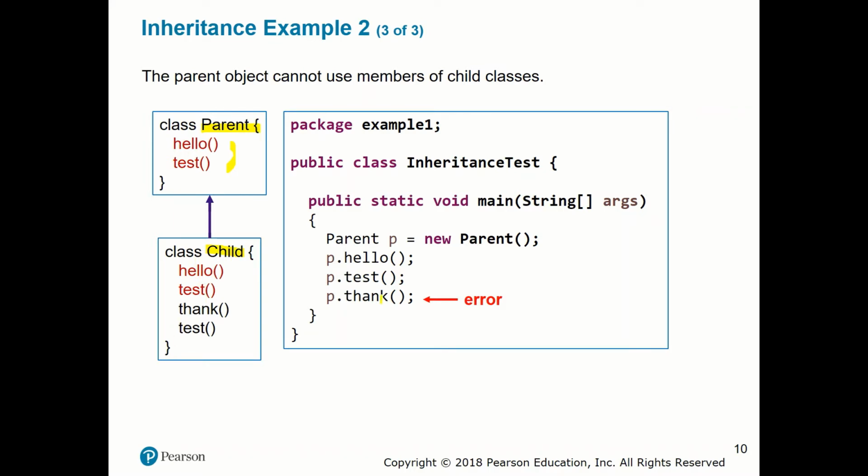And here, P is parent object, P is created like this. Then P.hello is okay because parent has hello, and P.test is okay. Then this test, this one will be called, but this is an error.